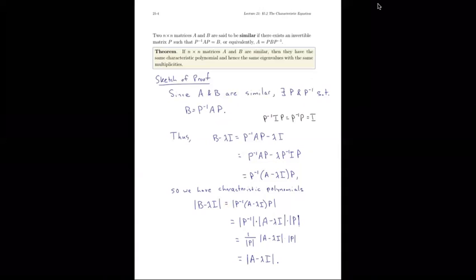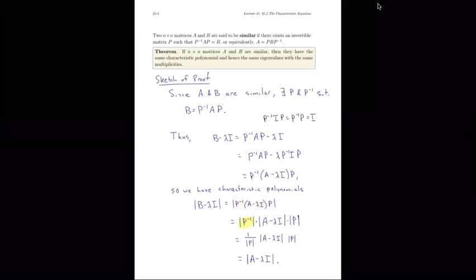Remember that for the determinant of a product, we have three factors here. We can split up the determinant of a product as the product of the determinants. So we do that twice. We have the determinant of P inverse times the determinant of A minus lambda I times the determinant of P. Now, also recall this fact from a previous section.